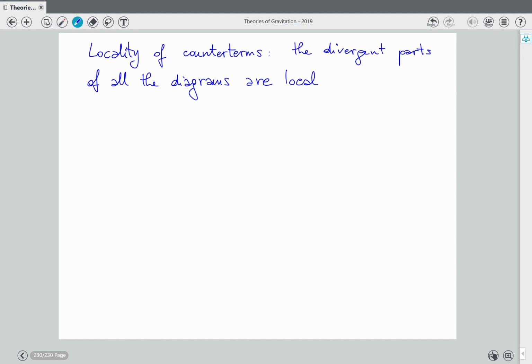Since we are in momentum space, derivatives become momenta. That means that they are polynomial in the external momenta. So they are sums of monomials, each of which depends in a very simple way on derivatives.